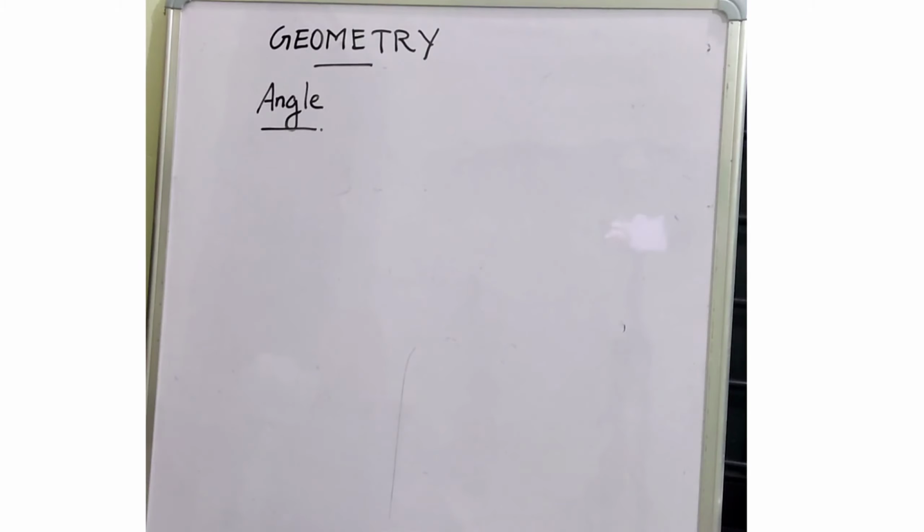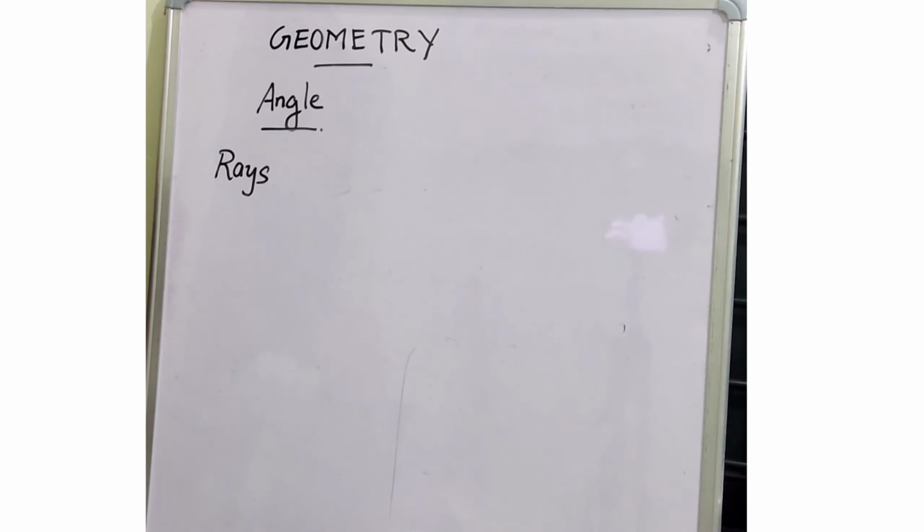First of all, let's see how an angle is formed. An angle is formed when two rays meet at a point. So, what do you mean by ray?